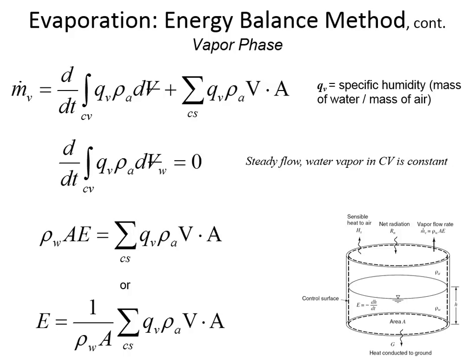If we have a free surface of water and there's evaporation happening, then there's going to be a layer very close to the water surface where it's very humid. And then there's going to be another boundary layer above that that's a little bit less humid. And then maybe we'll have dry air above that.